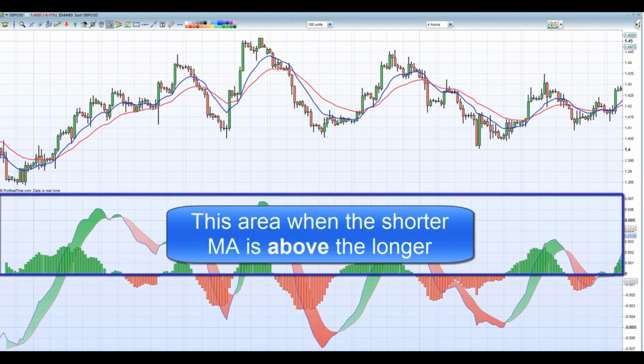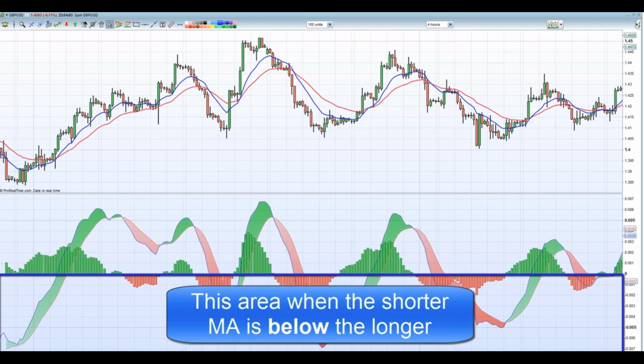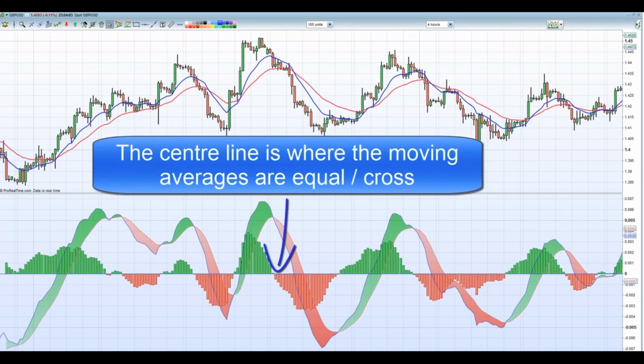When the shorter term moving average is above the longer term moving average, this area of the indicator will show activity. When the shorter term moving average is below the longer term moving average, this area of the indicator will show activity. The center line, of which the MACD is plotted around, indicates where the moving averages are equal, and when the MACD passes through the center line, this indicates the moving average is crossing.